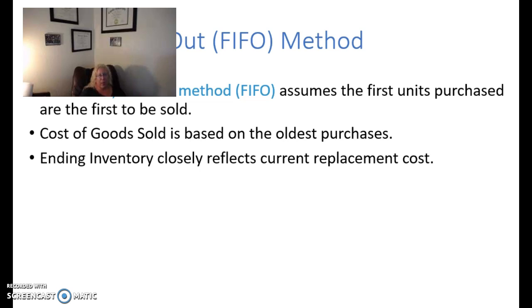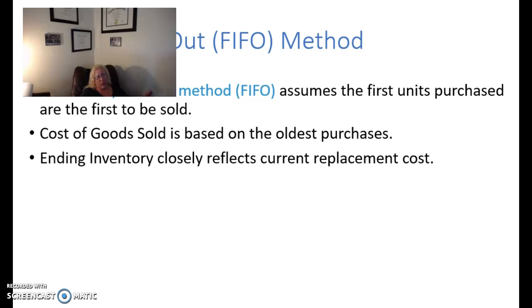So when we use perpetual FIFO, we account for each purchase and sale as it happens. When we sell items, we are usually unable to identify which specific items have sold since they're all the same. So for accounting purposes, we'll assume that the units sold were the oldest units in inventory at the time of the sale.